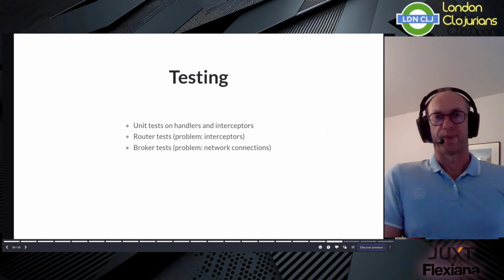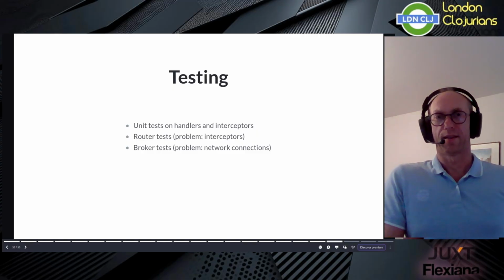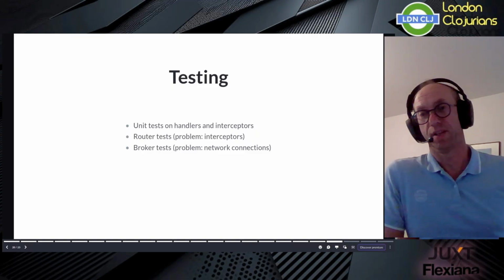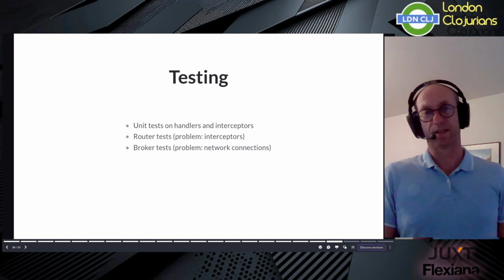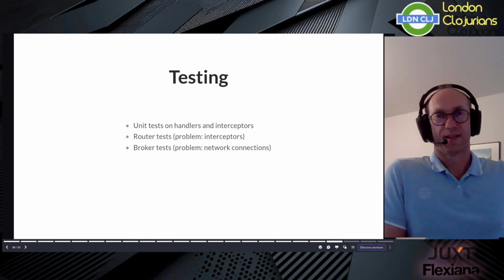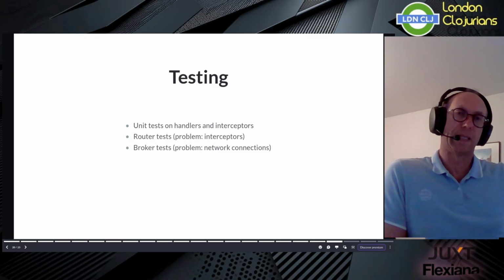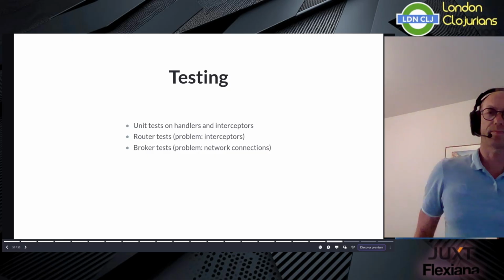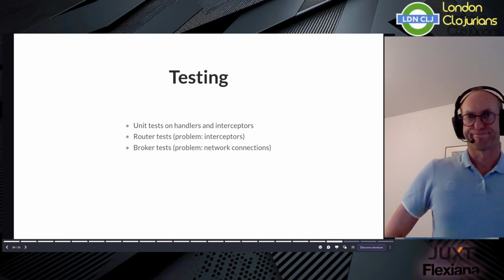Now testing. I already said that testing is an important part. It's something that I think is often neglected, which it shouldn't be. This kind of code can be tested on several levels. First of all, you can just unit test your handlers and interceptors.